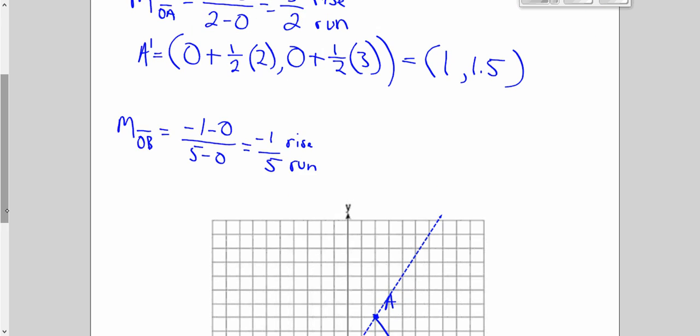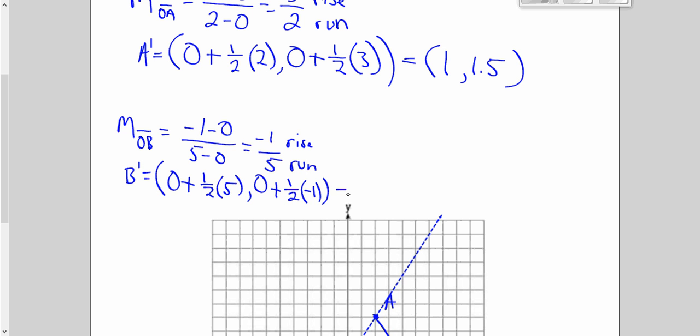So B prime will now equal 0 plus, instead of 5, it's what? Half of 5, just like you were counting in the plane. Comma, 0 plus, instead of negative 1, it was half of negative 1. What's half of 5?